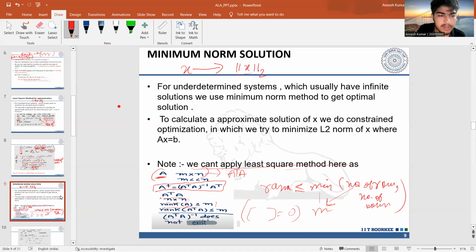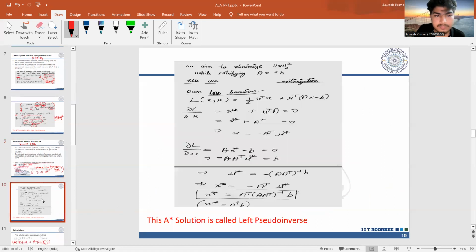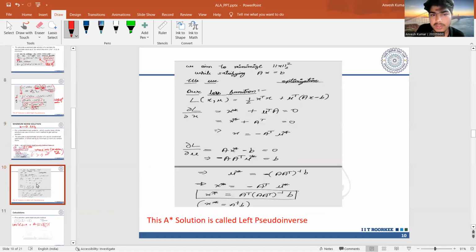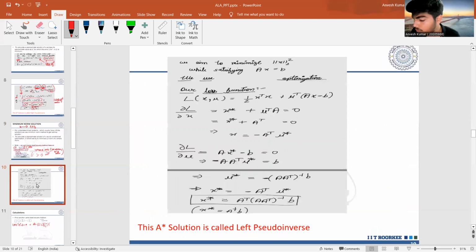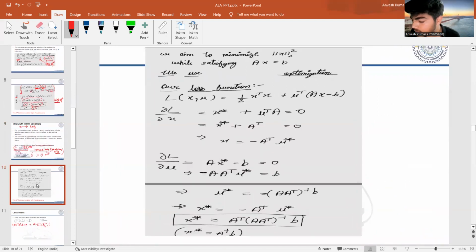So moving on, we will calculate the minimum norm solution. To calculate the minimum norm solution, we have to minimize the square of the L2 norm of x, while satisfying the condition Ax equal to b. So we make a loss function, which is a Lagrangian, which is half of x transpose x.